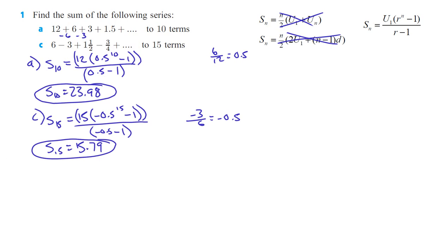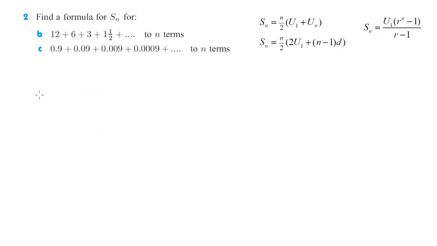Okay? All right, last one here. Find the formula for this series to n terms. For B here, this is -6, -3, so these are not arithmetic, so we have to use the geometric.